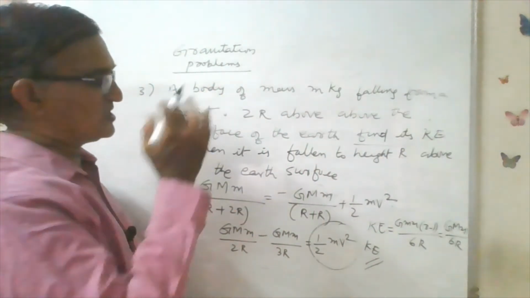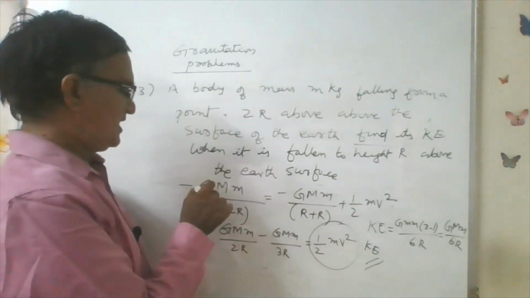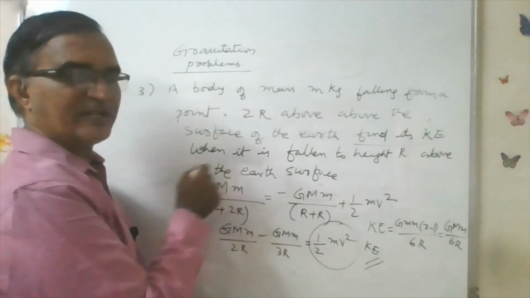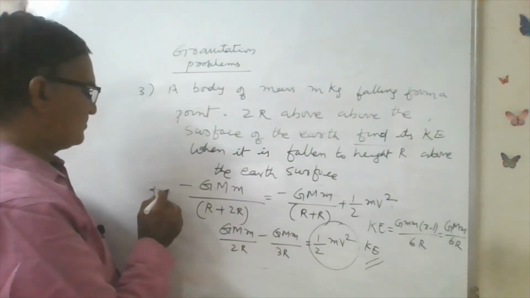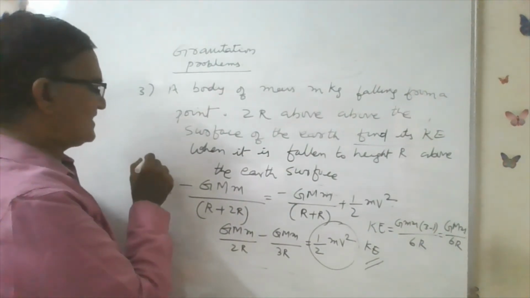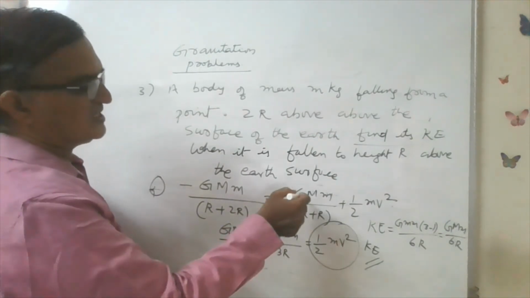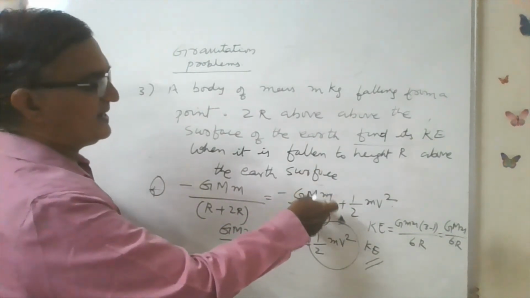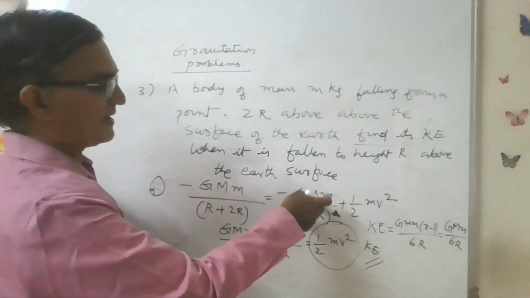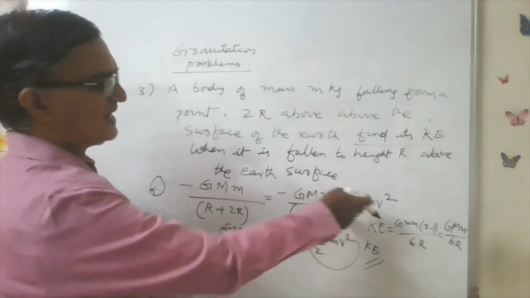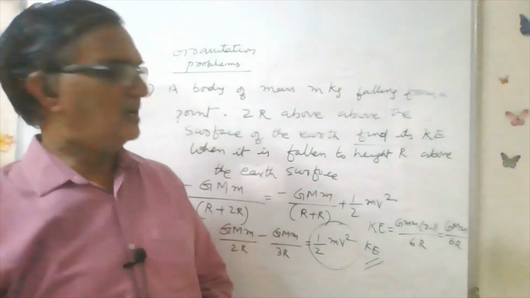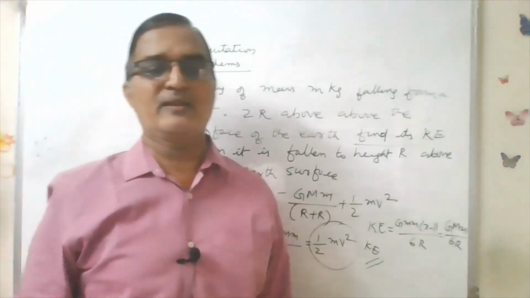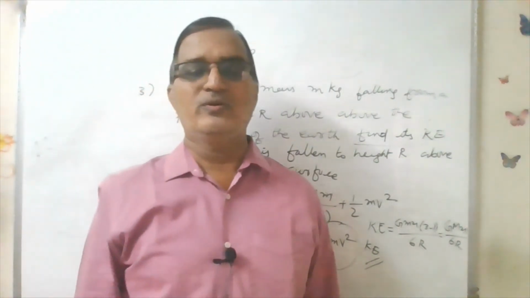While projecting upwards, it is a different situation. For a freely falling body, you have potential energy here, plus the kinetic energy is 0. So it is falling from a certain height, and it is at a distance of r. At r you have both potential and kinetic. Equate, you will get the kinetic energy as GMm by 6r. Okay. Thank you.